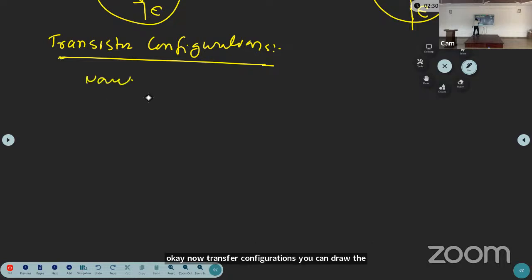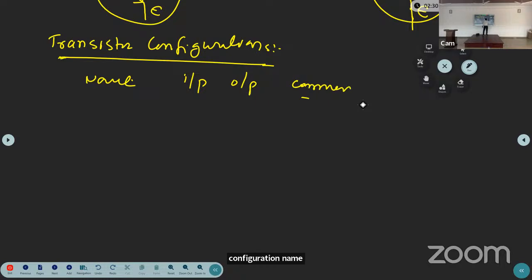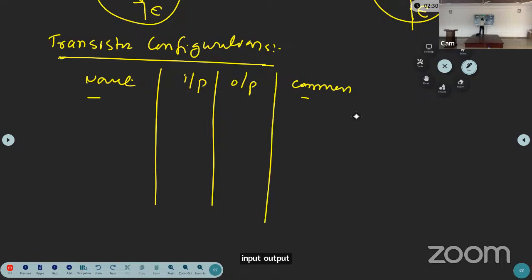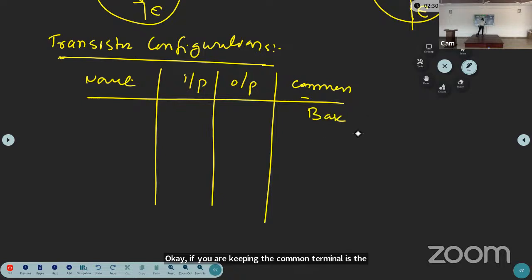Configuration name, input, output, and common. If you are keeping the common terminal as the base, then the input is the emitter terminal and the output is the collector terminal.